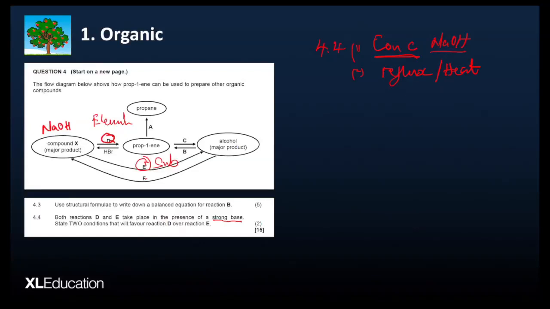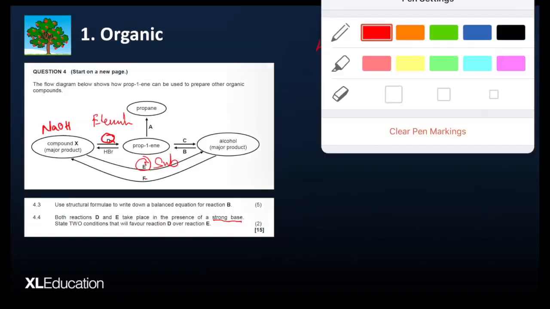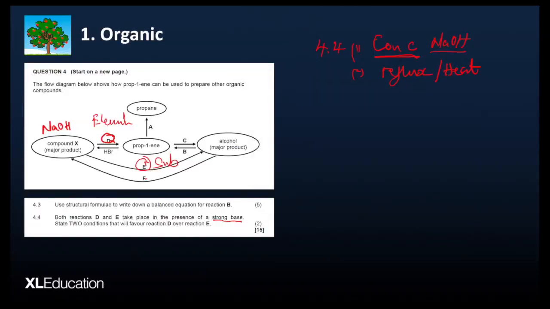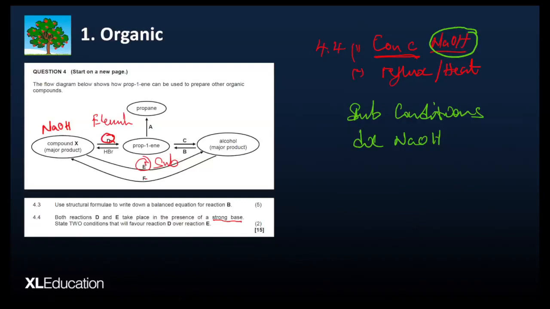For argument's sake, and just to bring clarity for you guys, if the question was talking about substitution conditions, it was going to be dilute sodium hydroxide. We are using the same base, which is sodium hydroxide. But what differs is the condition.